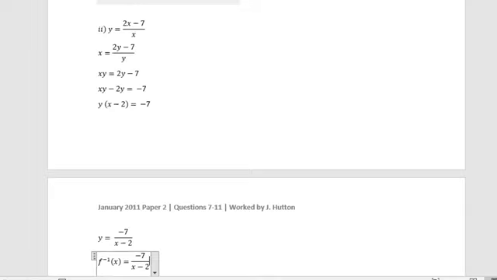And this is possible where x is not equal to 2, so x cannot be equal to 2 for this to be possible.